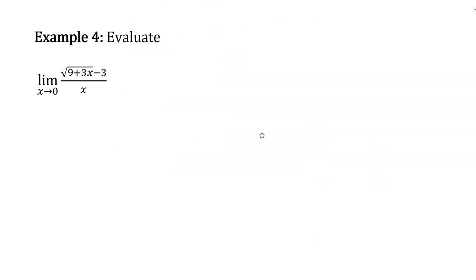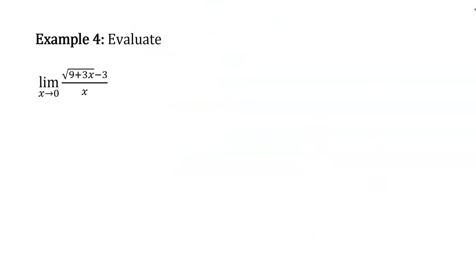All right, what about square roots? Well, same principle. So if you went ahead and put 0 in using direct substitution, you would get 0 over 0. We can't do that. So we take the derivative.